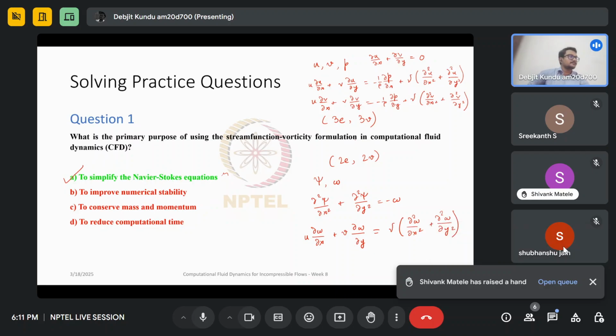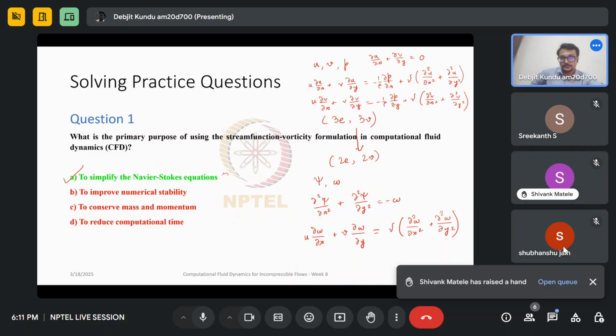So you can see that from three equations and three unknowns, you can go down to two equations and two unknowns. This simplifies our whole set of equations to solve, and this is the primary goal of using stream function vorticity formulation. Okay, so this was a very simple question.